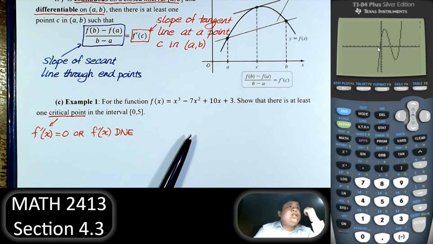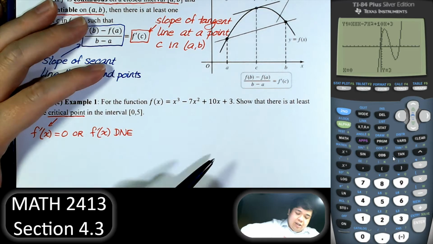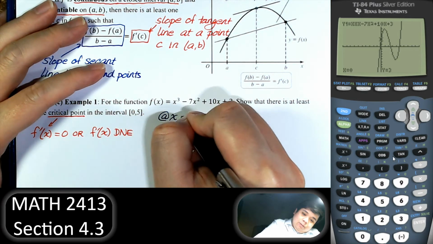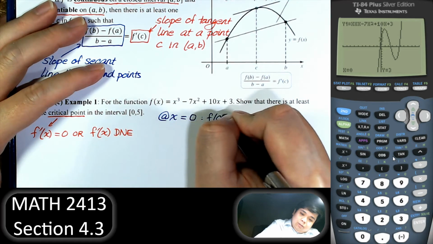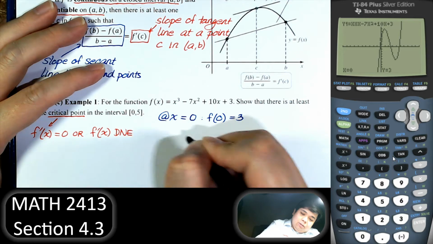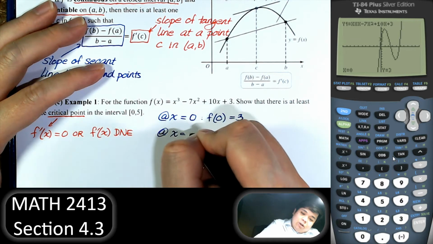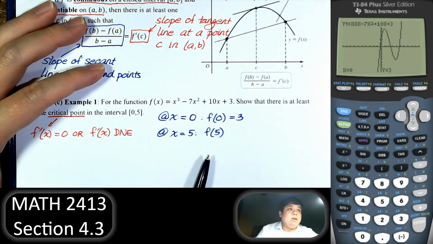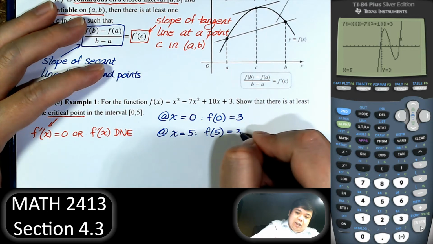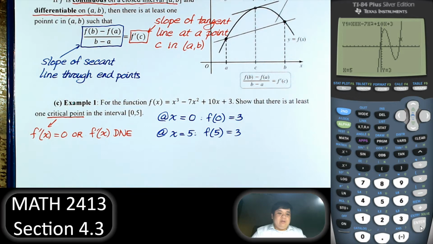Right, x equal to 0 should be 3. When x equal to 0, y equal to 3. And at x equal to 5, the value is also 3. So they're on the same level.